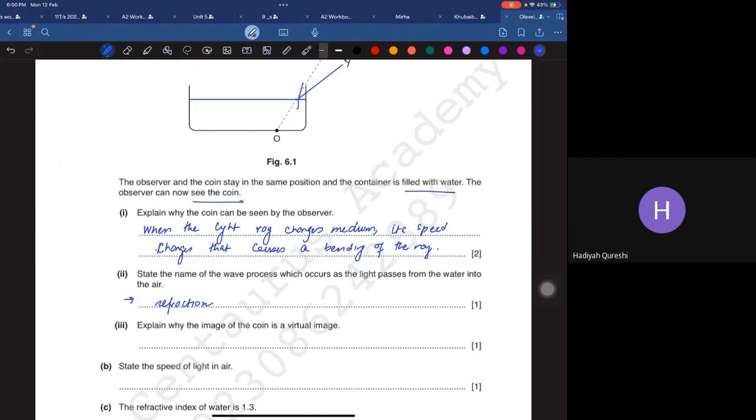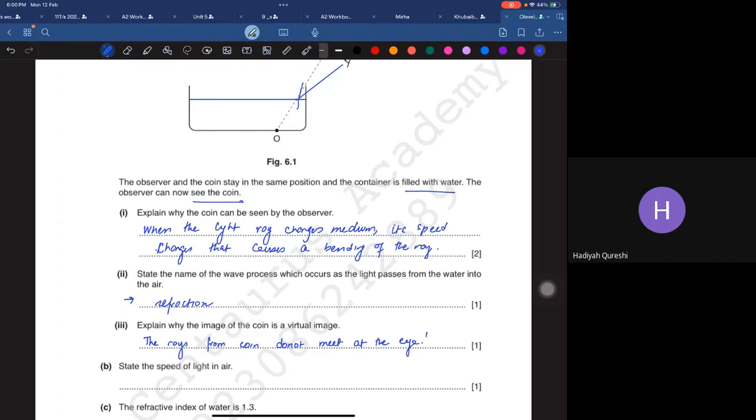The reason it would not form a real image is because the rays from point do not meet at the eye. Do you guys understand that? Like this. Rays must meet at the screen.